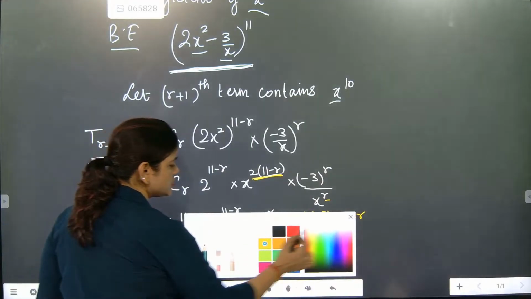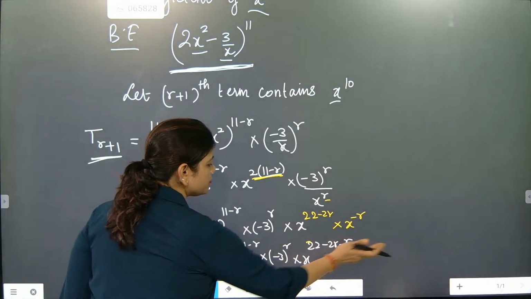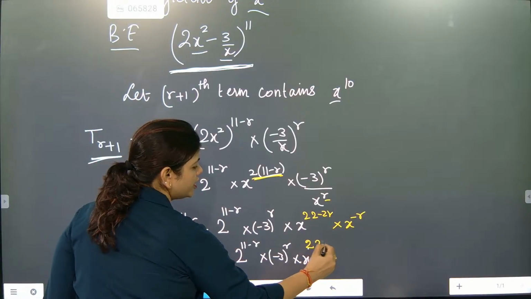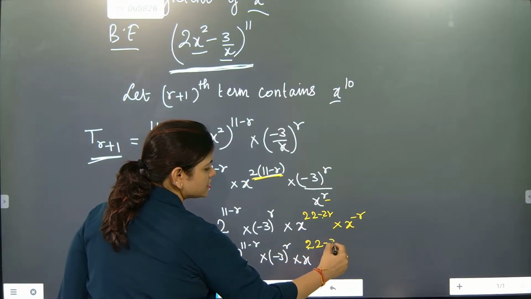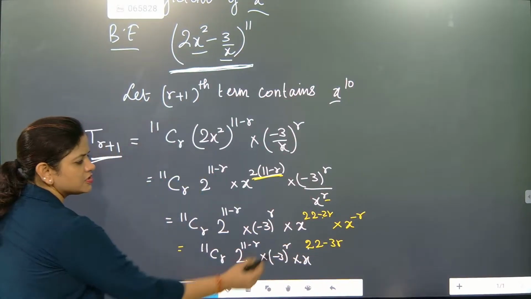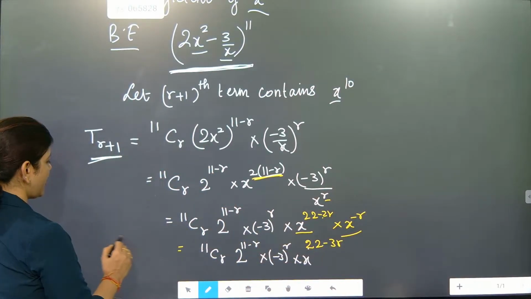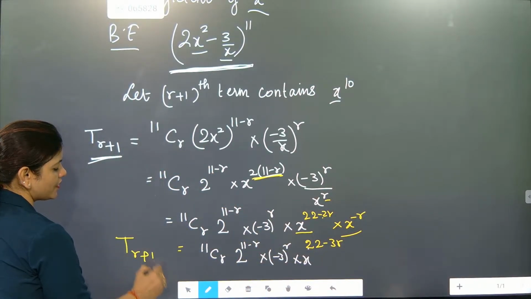Minus r becomes 3r because same base means powers will be added. This section is coming as the r plus 1th term.